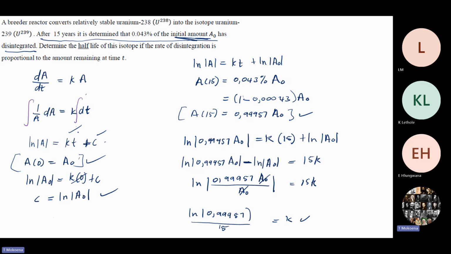So we're going to have ln of 0.99957 divided by what? By 15, so that we can get K. No, I'm not going to round. It gives me 0.0000 something. I don't like it like that. I don't even want to express it scientifically. I'll just write my K as it is there.